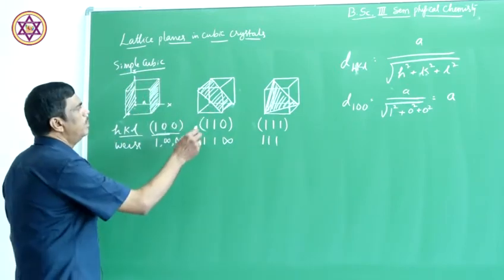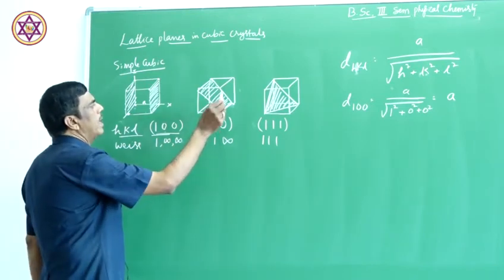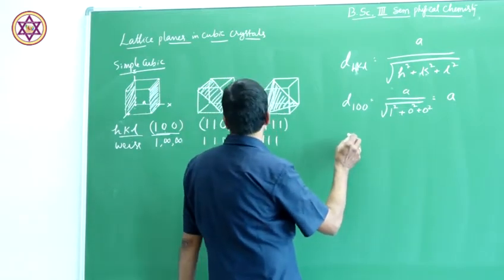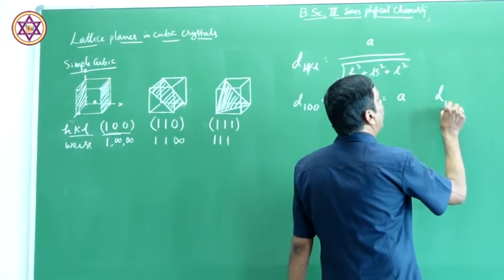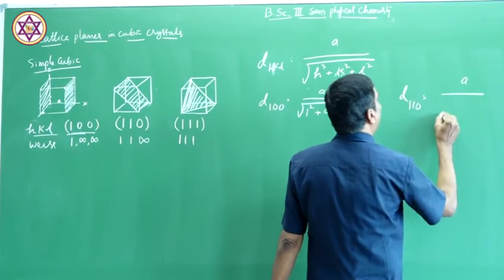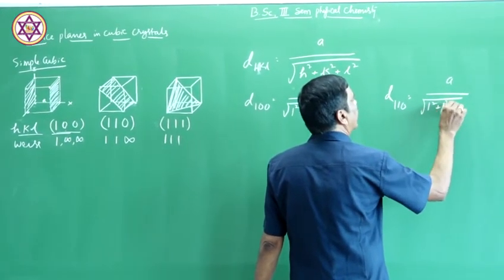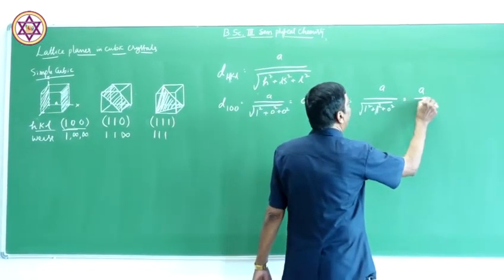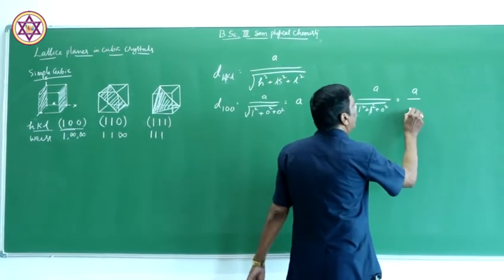Now, the distance between parallel planes of 110 can be calculated. D110 is equal to a by square root of h square plus k square plus L square, that is equal to a by square root of 1 square plus 1 square plus 0, that is a by square root of 2.